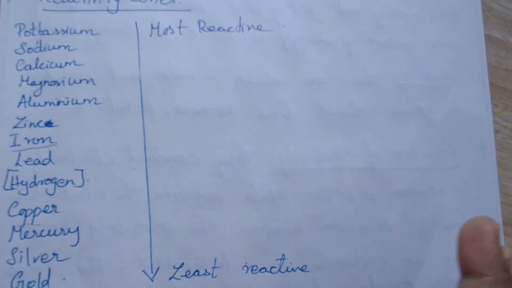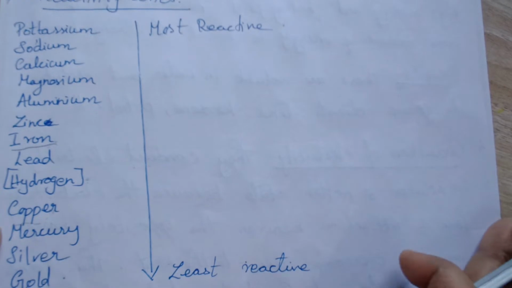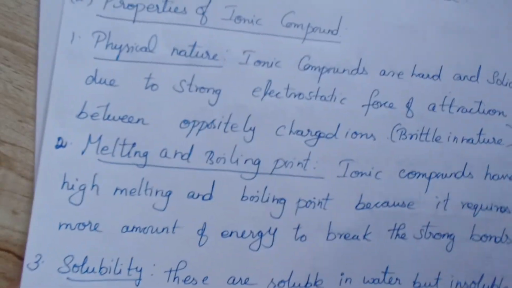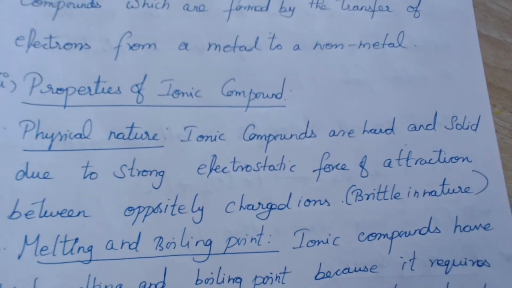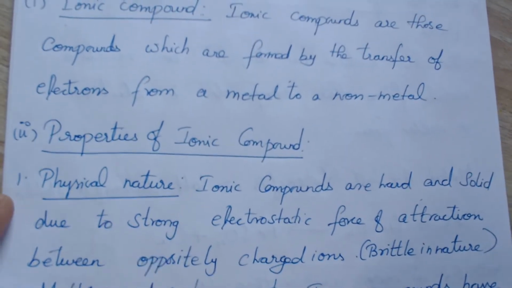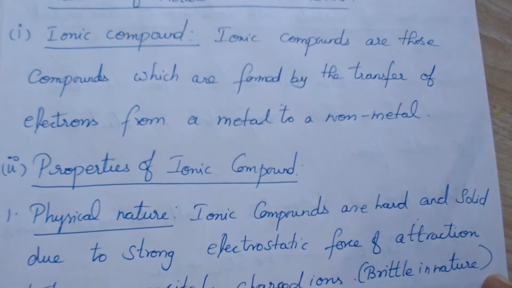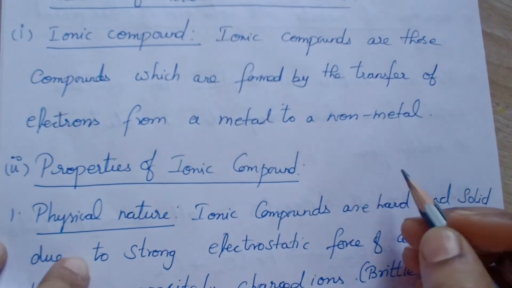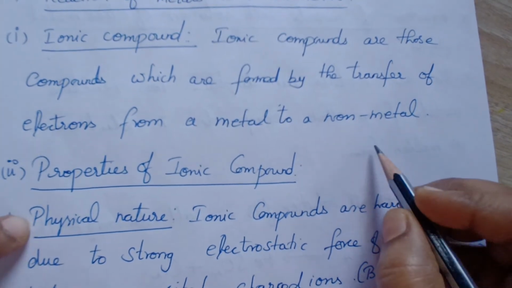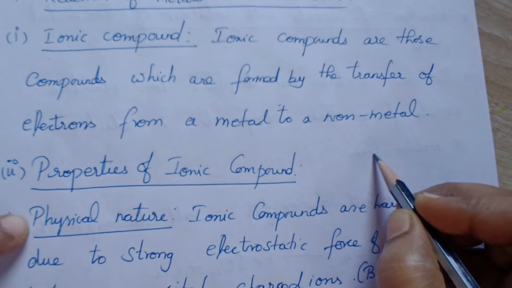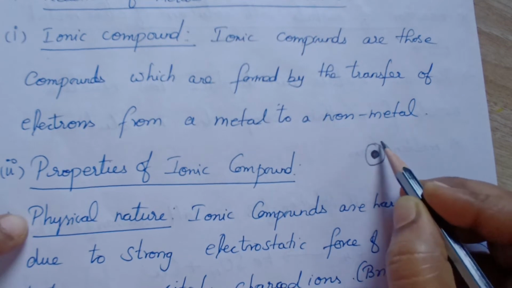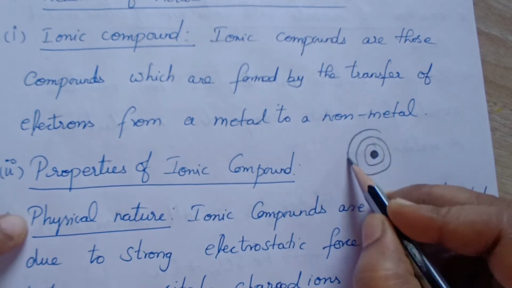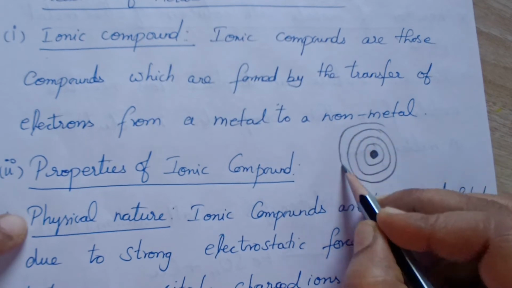This is the reaction of metals with the solution of other metals. We are seeing that some of the metals are more reactive, or some of the metals are less reactive, right? So what decides the reactivity? Based on the valence shell, you have studied in the 9th standard, right? You have 4 shells, namely K shell, L shell, M shell and N shell, right?